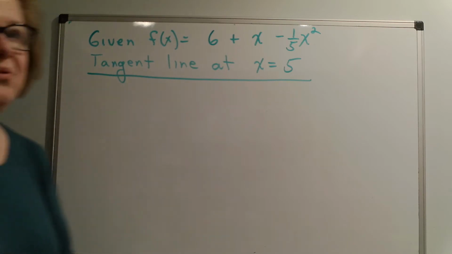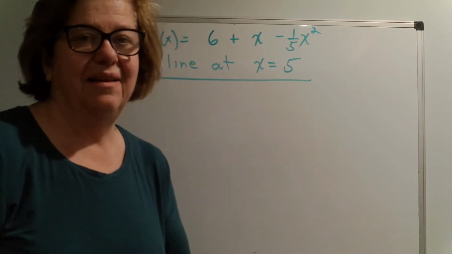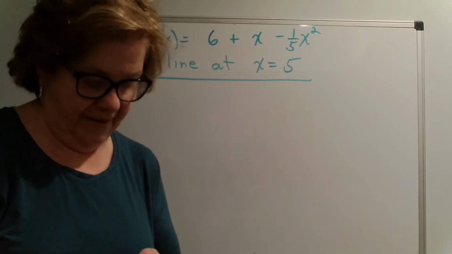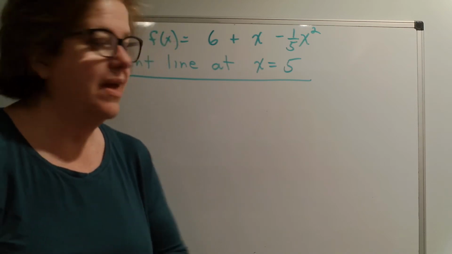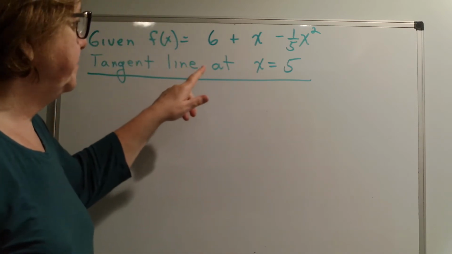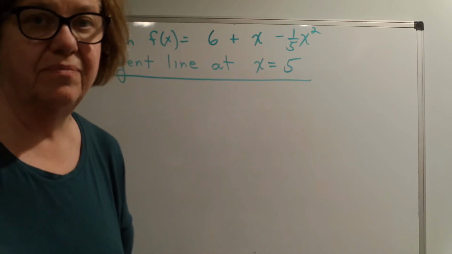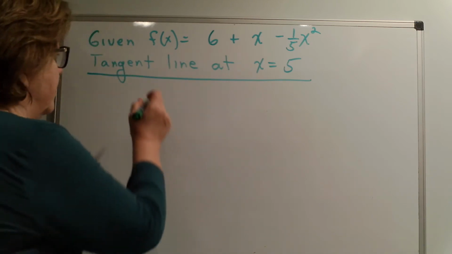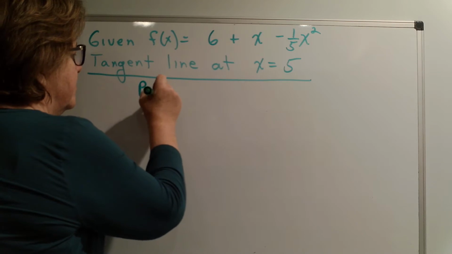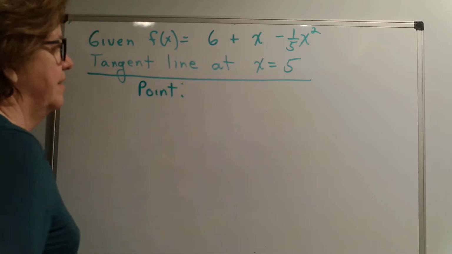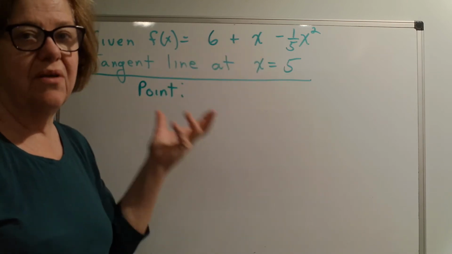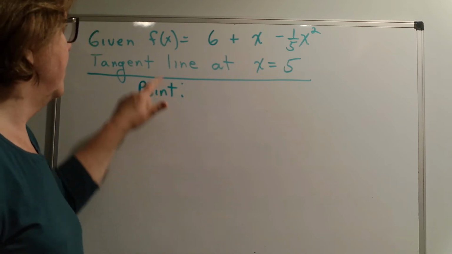Okay, I hope you stopped and did the problem. Okay, so we need a point and a slope to get the equation for a line. So the point is going to be the point on the curve at x equal to 5.